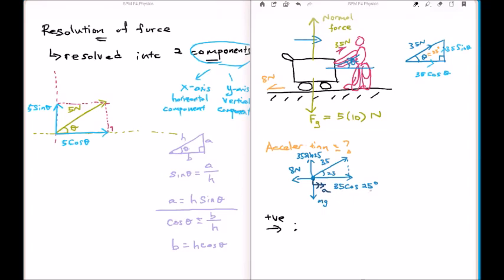So first, this is my to the right quantity, 35 cos 25, I just copy from here. Minus, this is to the left, that's why it's minus 8 Newton. And it is equal to 5A.